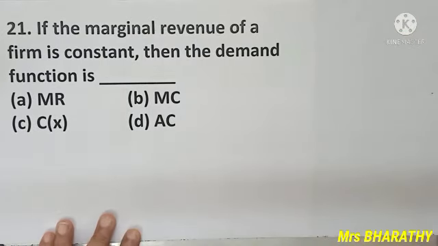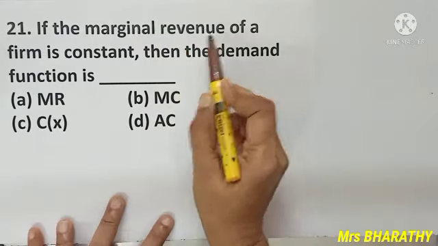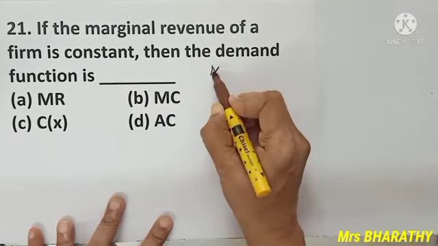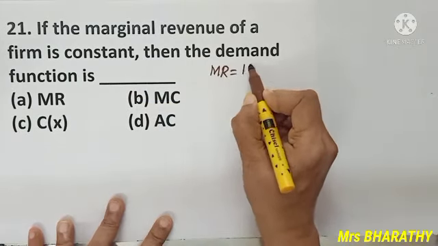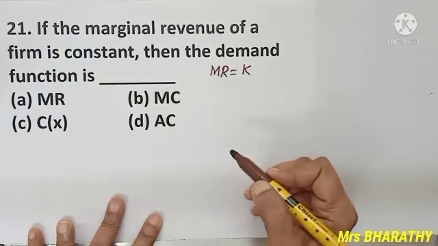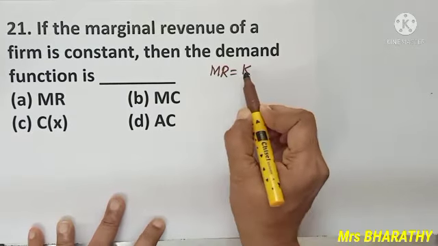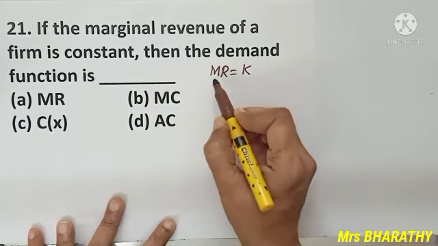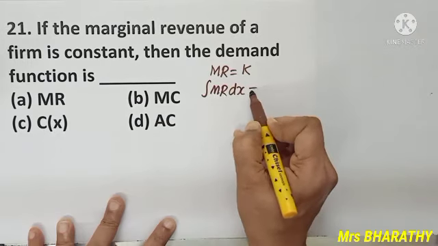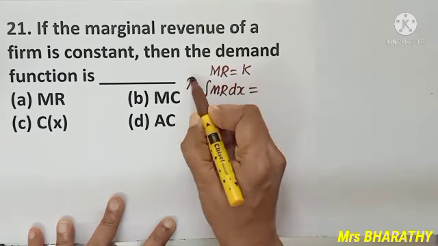Question number 21. If the marginal revenue of a firm is constant, that is MR is a constant, then we need to find about the demand function. When I know MR is constant, let me integrate. Integrate MR dx, I will get revenue.